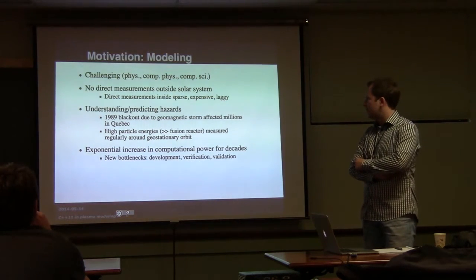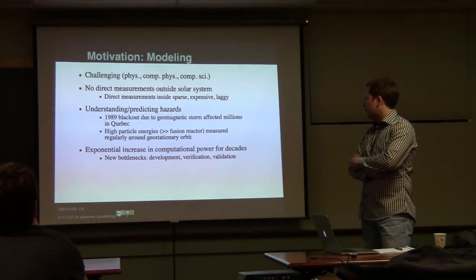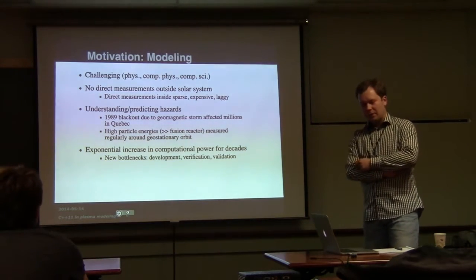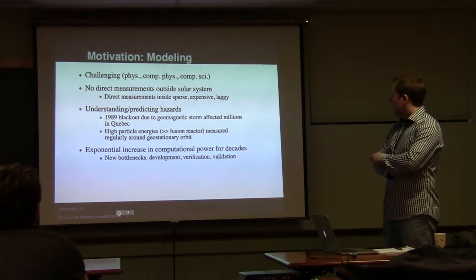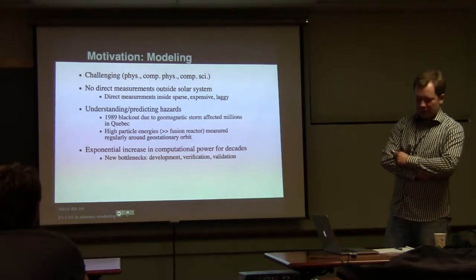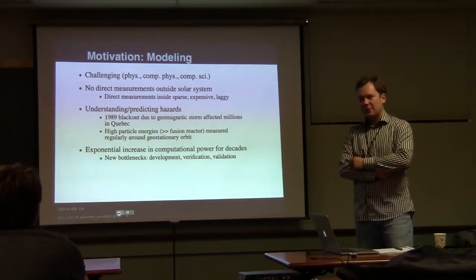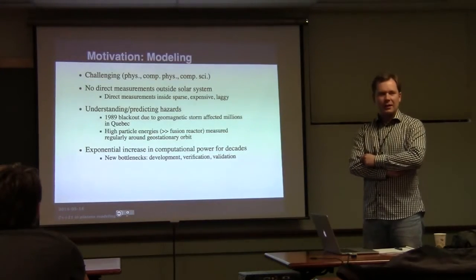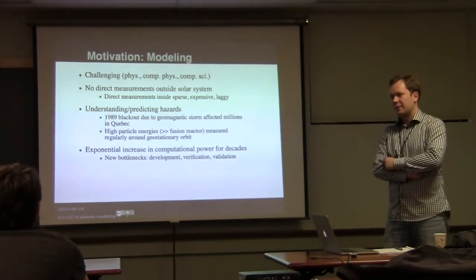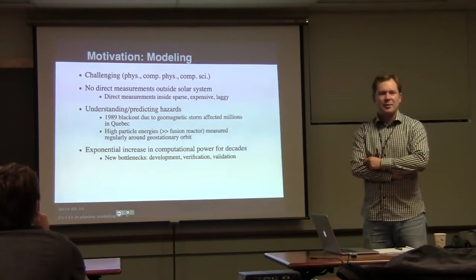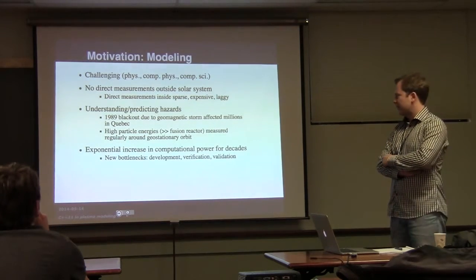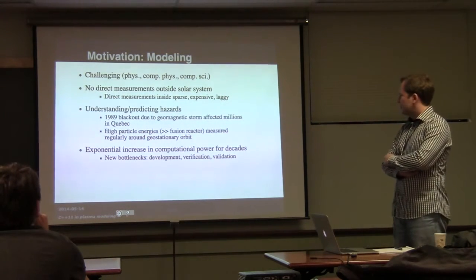And more regularly, at regular intervals, there are very high energy particles around the geostationary orbit, which can cause all kinds of trouble to satellites and manned missions and whatnot, communications. And, well, high energy in this case means higher than a fusion reactor, for example, or much higher.